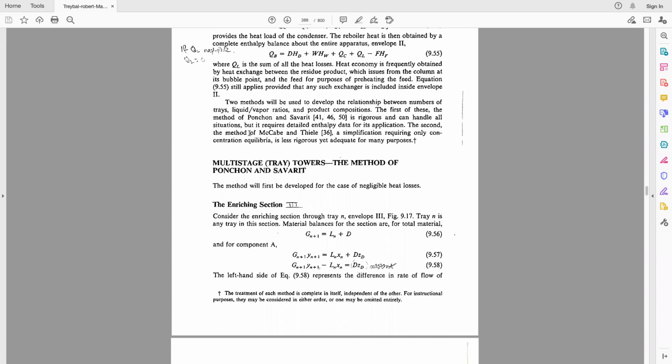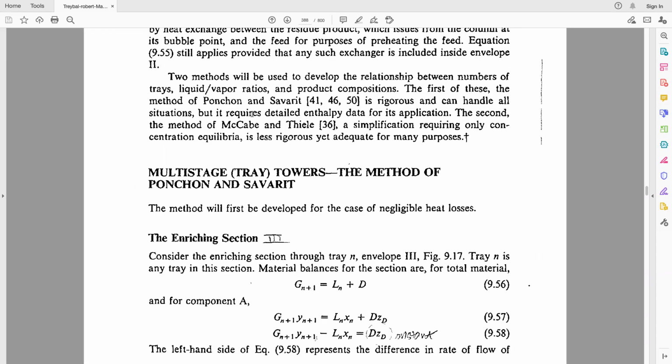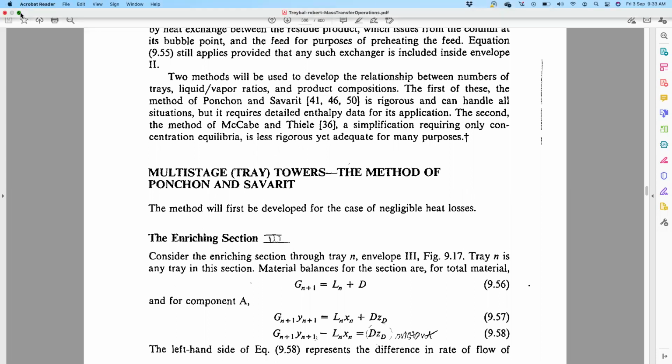We call it McCabe-Thiele. It is a very old paper but very rigorous, and quite valid. So we use the McCabe-Thiele method.